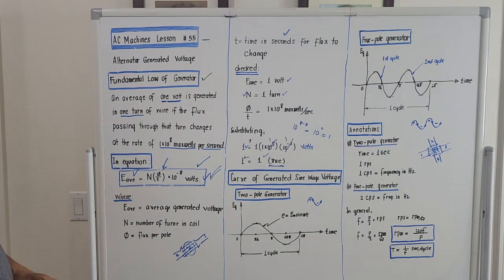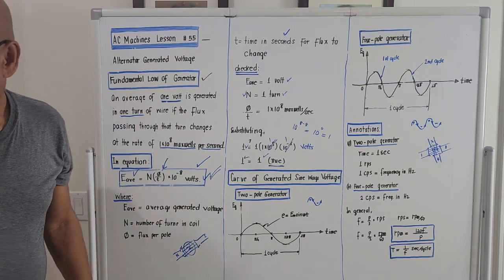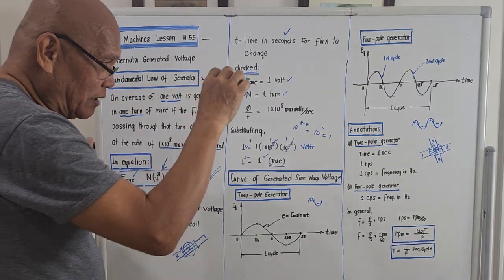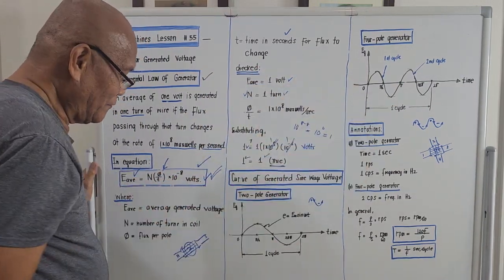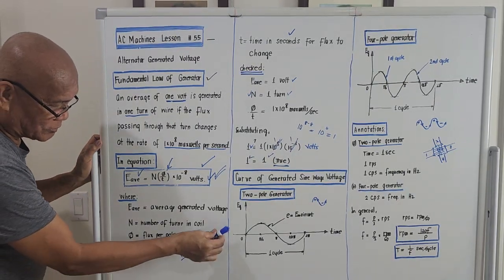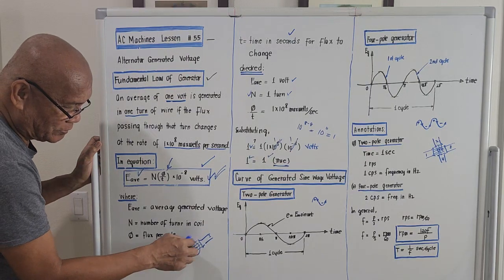Let's bring out the curve of the generated voltage for alternators. We have a revolving alternator. For the meantime, we'll just consider a two-pole alternator, one south, one north. This will be the armature.